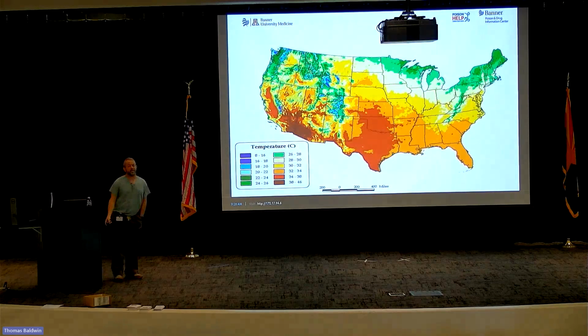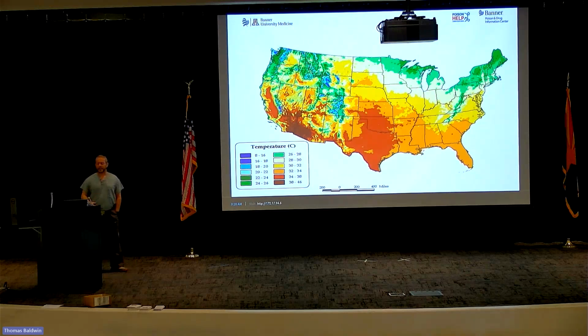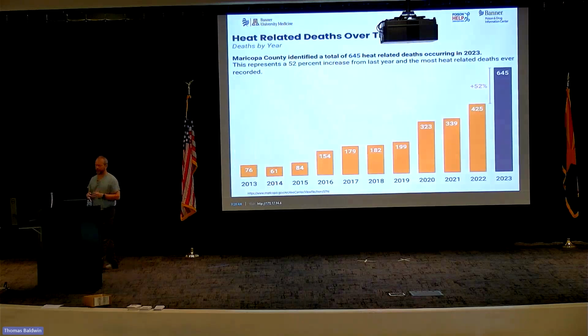But certainly we are at risk specifically and uniquely more so than in other parts of the country for heat-related injuries, because of this Sonoran Desert region that we have, and specifically within the Southwest, where we will see dramatically higher temperatures than any other part of the country.